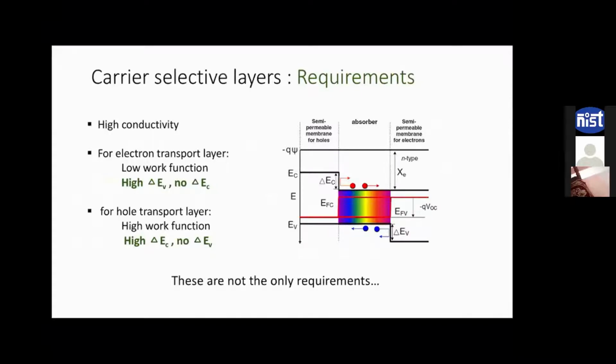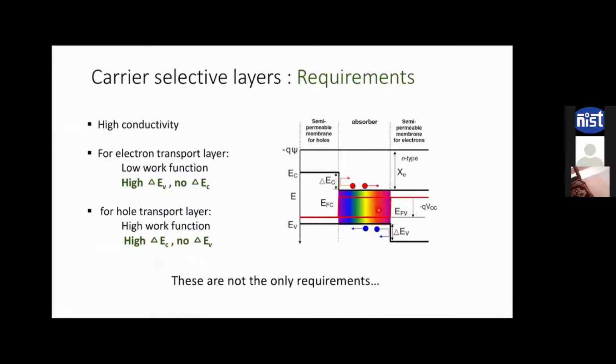Now let us see how to choose a material, or what properties are needed in a material that we want to use to make a heterojunction with crystalline silicon or any kind of absorber. On the right hand side image, this is an absorber layer that is here to absorb the sunlight, and I have employed a heterojunction to collect holes on the left hand side, and a heterojunction to collect electrons on the right hand side.